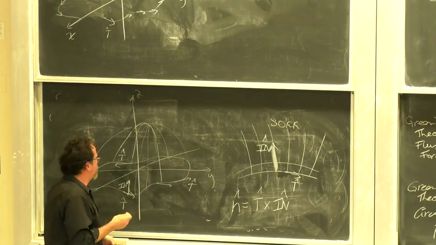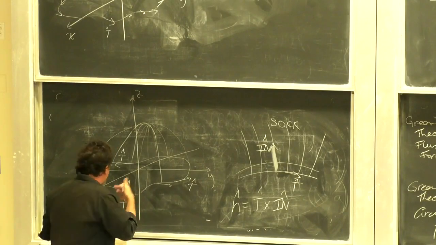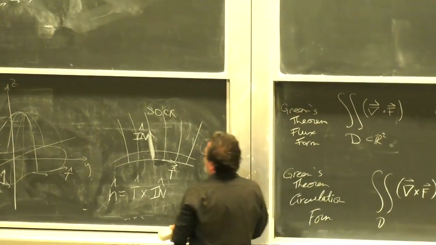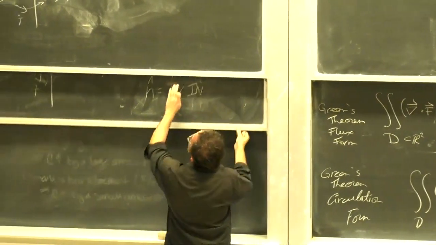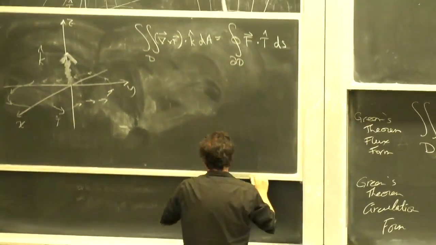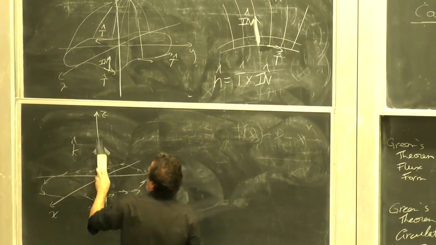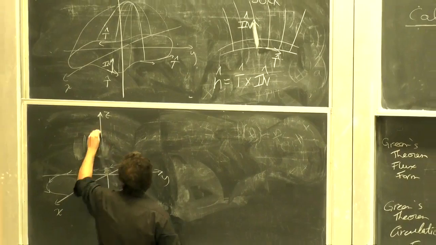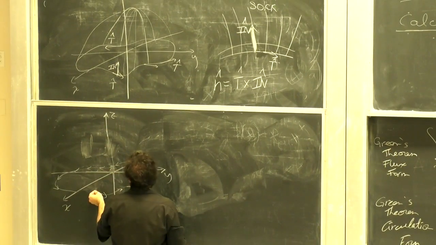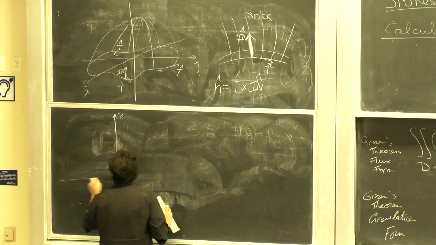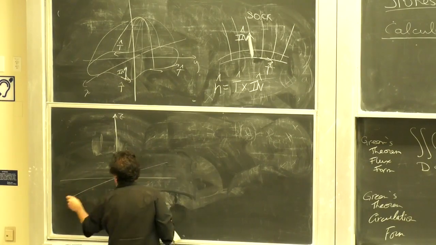What does that mean? Well, it means had you done this same surface, let's continue here on this board. I have to erase the whole thing because I want to redirect the boundary.